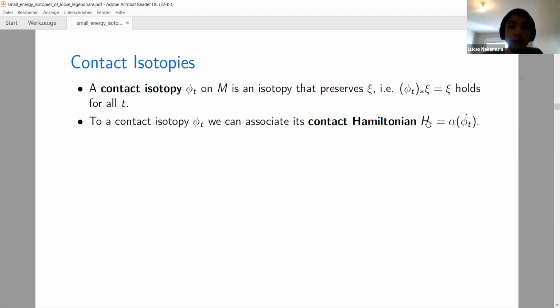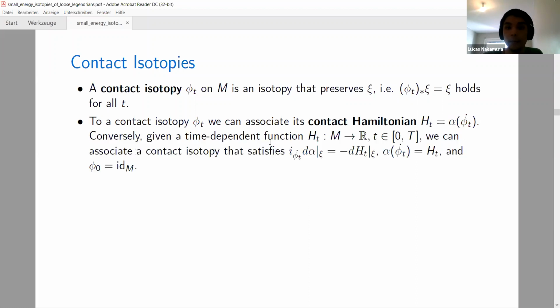Conversely, if we have a time-dependent function defined on some interval, then we can associate the contact isotopy which starts at the identity by some formulas, but the precise structure of these formulas will not be important.